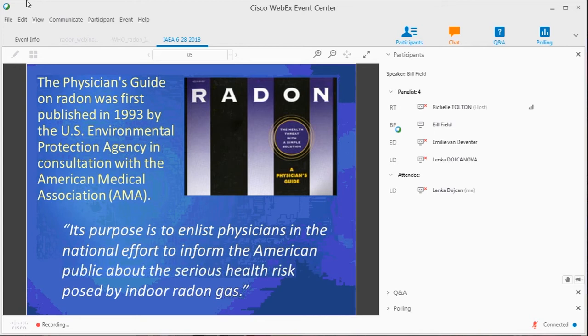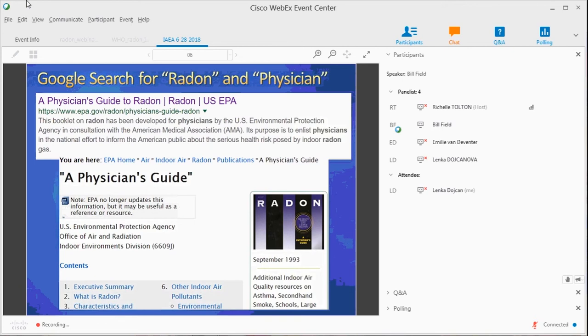And the guide was still referred to by a lot of physicians in the United States. In fact, during some of our focus groups, they referred to the guide and some of the numbers within the guide that were very much outdated. So it's obvious that we needed an updated radon guide. The first guide was developed in conjunction with the American Medical Association. They provided input to develop that guide.